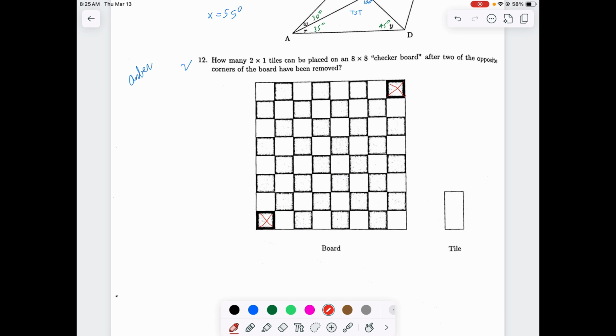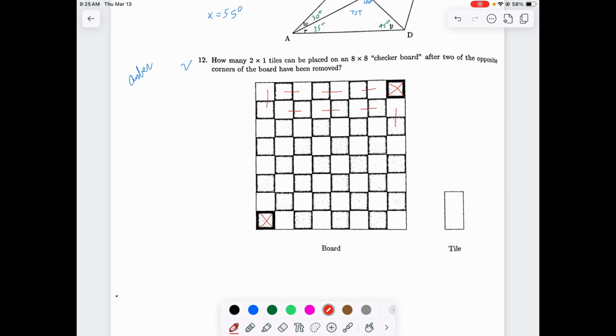Well, let's go ahead and just kind of imagine placing a tile. Each tile takes up 2 spots next to each other. They're 2x1. So we've got 1, 2, 3. Ooh, that last one won't really fill in, will it? Maybe I can go down like that. And then that's 4, 5, 6, 7, 8. Oh, I got to keep going down like that.